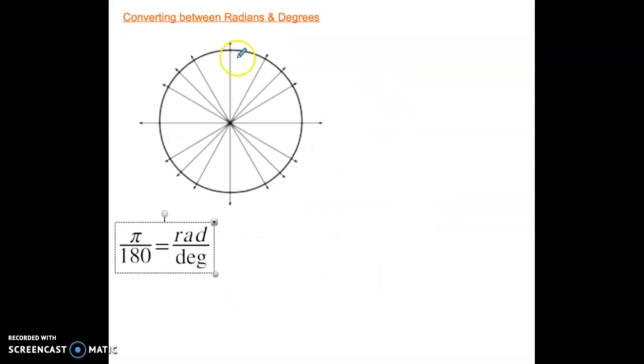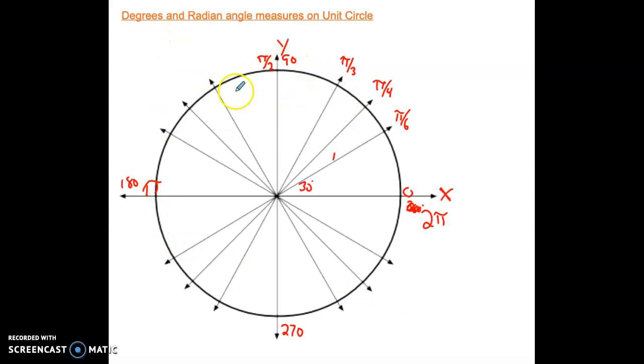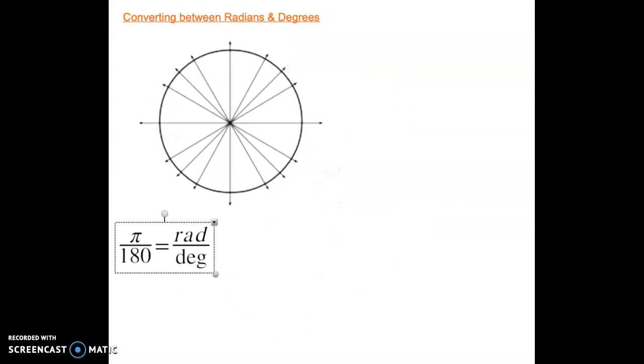Okay, converting between radians and degrees. You can kind of do this for certain angles. These are the main ones. But we also have, and that's kind of why I put this picture in here, this proportion. This is the way I like to set it up: pi radians is to 180 degrees as what do you know and what don't you know. Just as a real quick example, I want to know what 120 degrees is in radians.